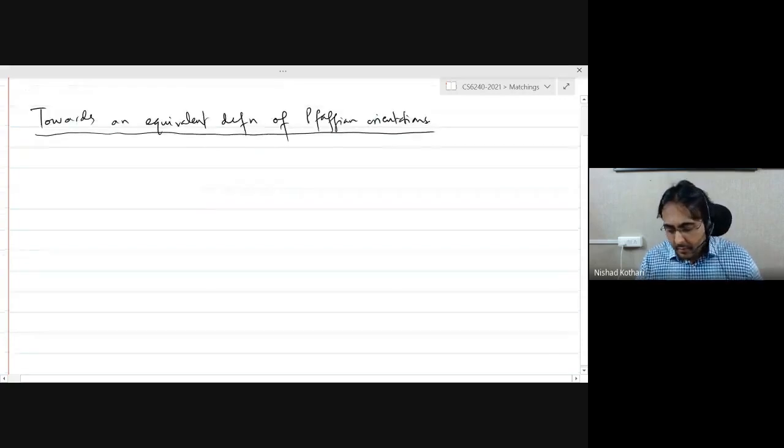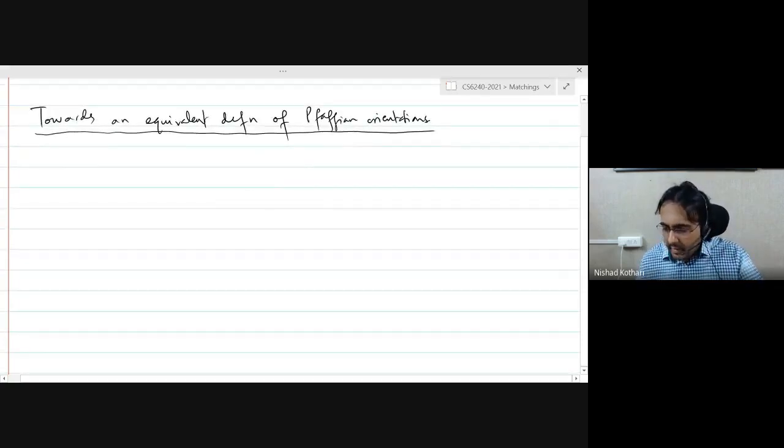So let's start with a slightly simpler thing. Let's look at even cycles. I want to understand what orientations of even cycles are Pfaffian and which ones are not. Notice that even cycles are, of course, planar graphs, so we know that they have a Pfaffian orientation.